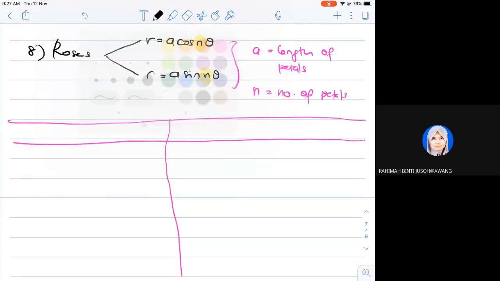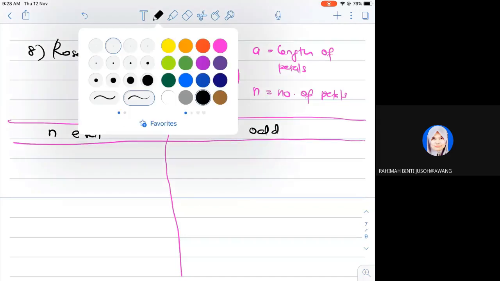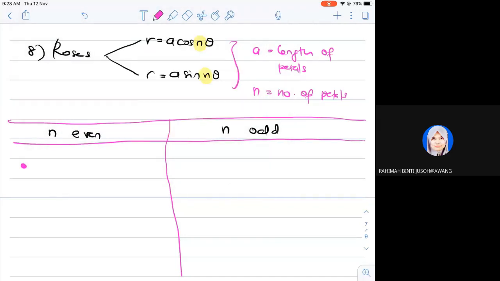Okay, so we have N even and odd. For N even, nombor genap, even means 2, 4, 6 and the rest. If N is even, the number of petals should be multiplied by 2, so 2n.